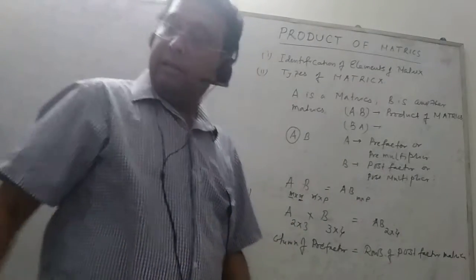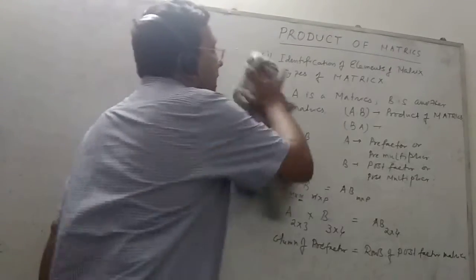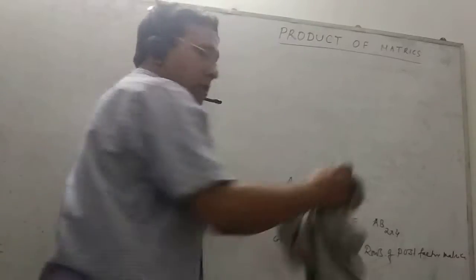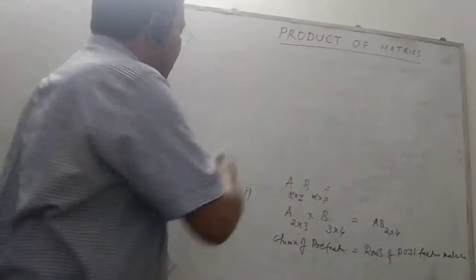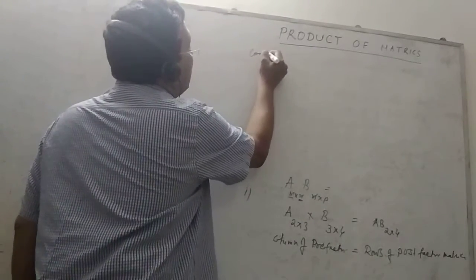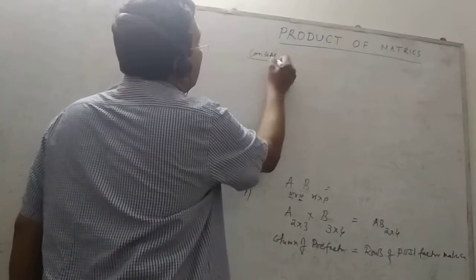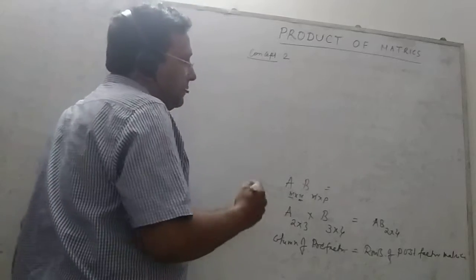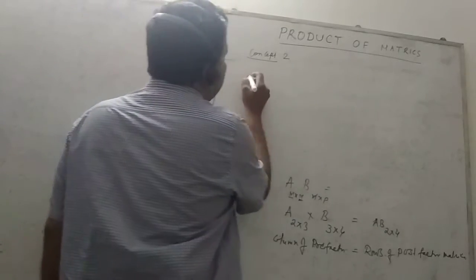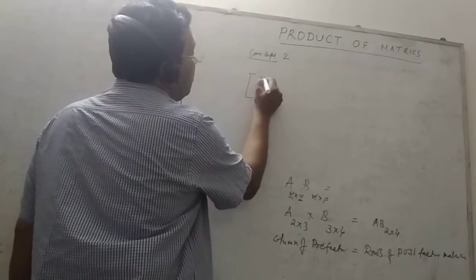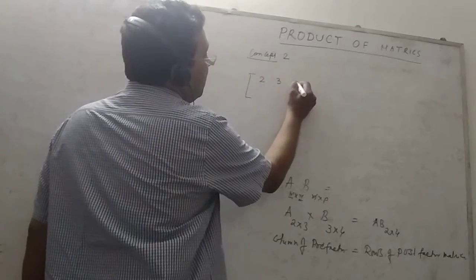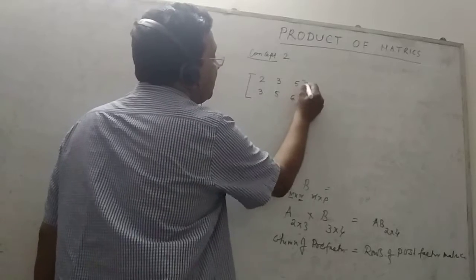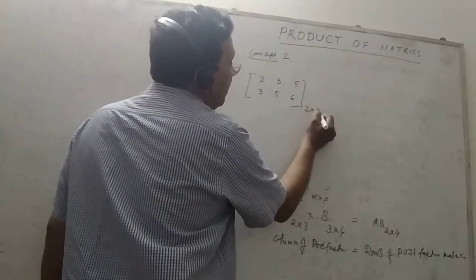Our next case, which is important in the matrices, is how to multiply them. Concept number 2 is how you multiply the matrices. Suppose it's a matrix 2, 3, 5, 3, 5, 6. It's a matrix of order 2 by 3.